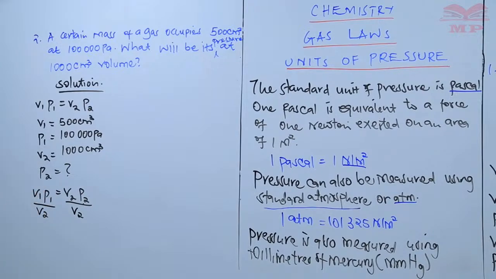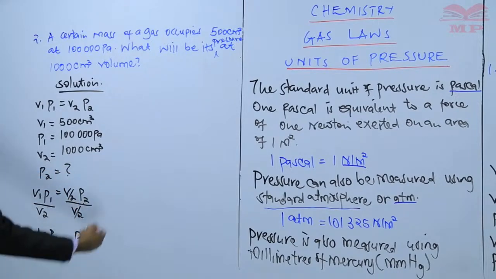Divide both sides by V2, then this V2 will cancel out, and you will be left with V1 P1 divided by V2 equals P2, and P2 is now what we are calculating from our question.